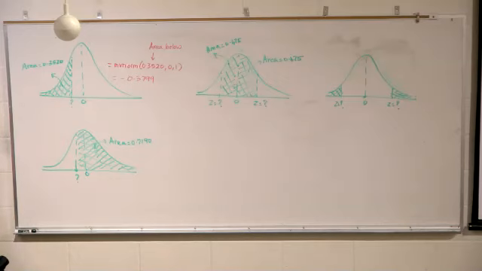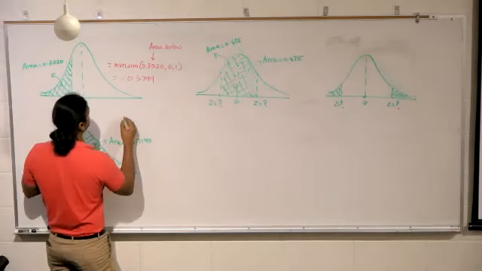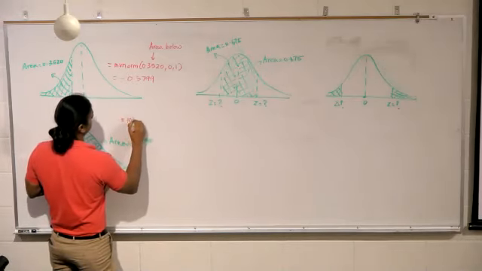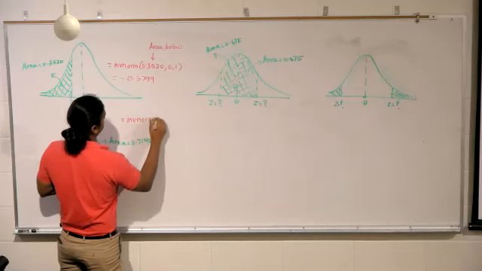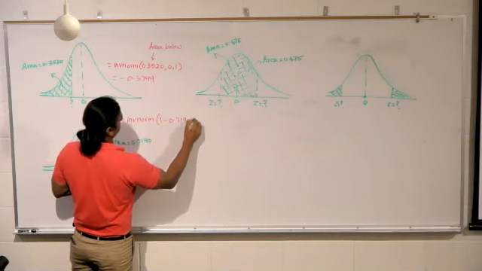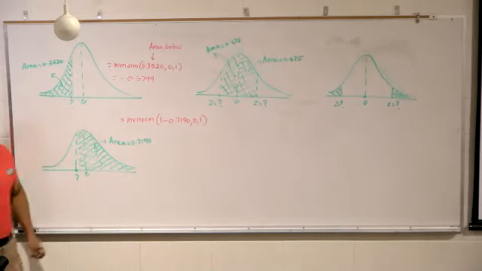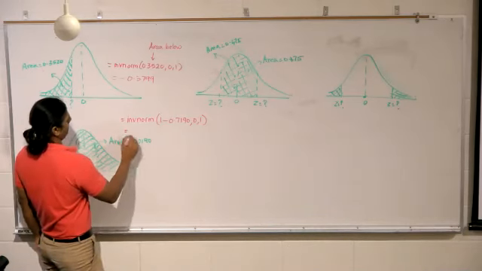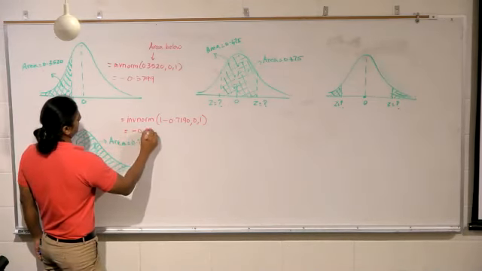So if you have the area above, how do you find the area below? Subtract. You do 1 minus the area. And what do we get? Negative 0.5799.